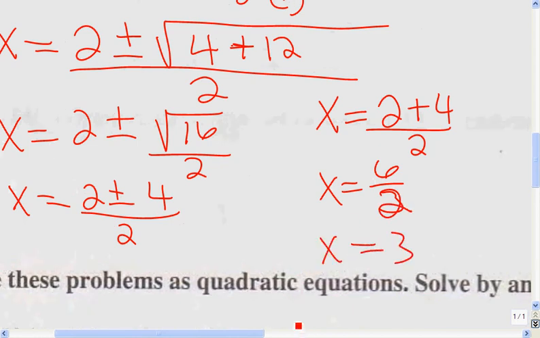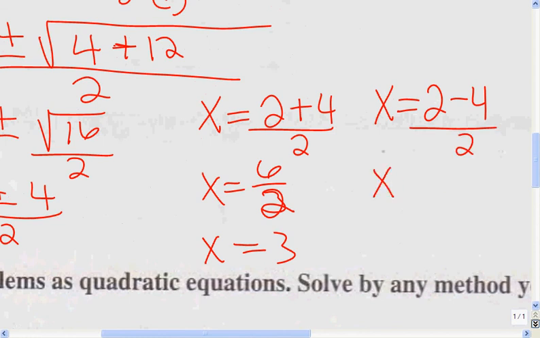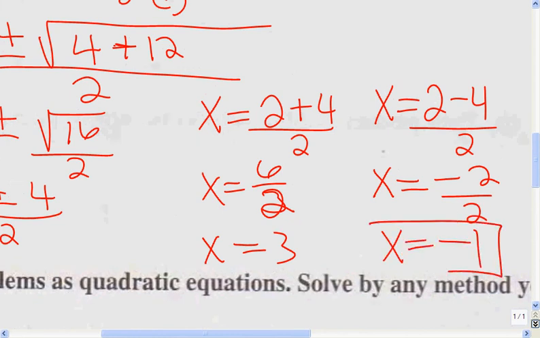And then I do the negative 4. So x equals 2 minus 4 over 2, x equals negative 2 over 2, x equals negative 1. So my two answers are x equals 3 and x equals negative 1.